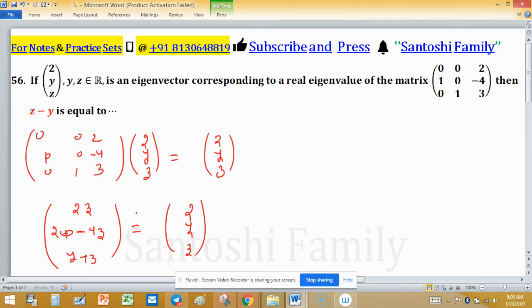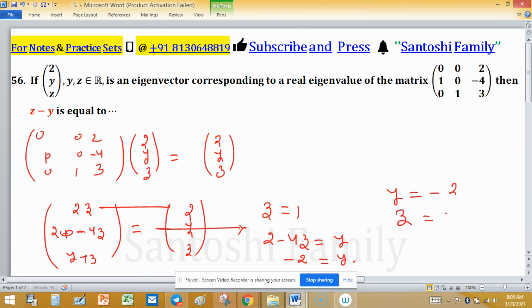Now by comparison, z equals 1, and 2 minus 4z equals y with z equal to 1, so minus 2 equals y. So the value of y is minus 2 and the value of z is 1.